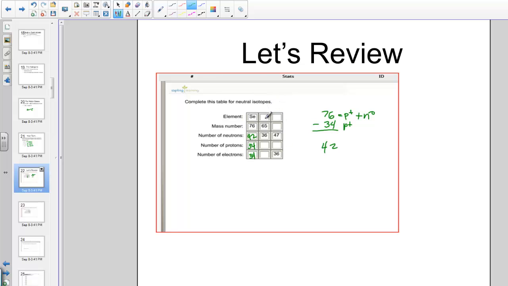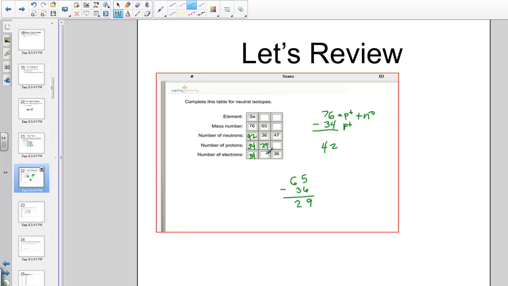Let's look at column 2. We're given a mass number of 65, the sum of both particles, and if I subtract the number of neutrons, which are 36, we get 29. So that tells me that those must be the number of protons, because the sum of these two pieces must be 65.